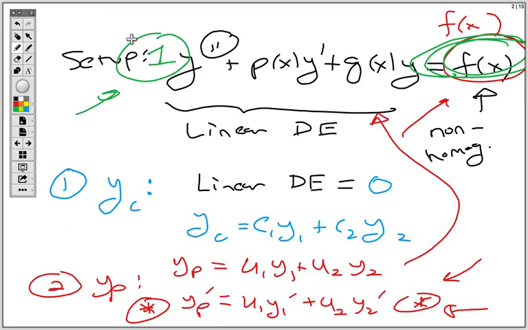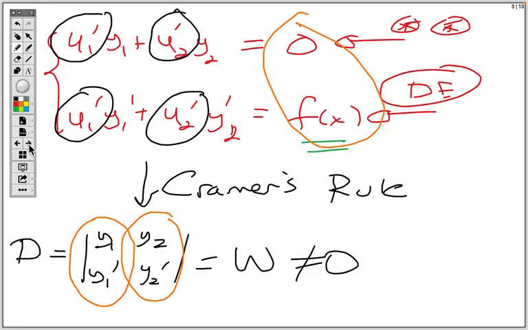We needed to get the leading coefficient of the highest order derivative to be 1. That's how we identified our f of x. We found our complementary solution. Since we were second order, we had 2 linearly independent parts, and then we made assumptions about the particular solution, being these function multiples of those linearly independent parts.